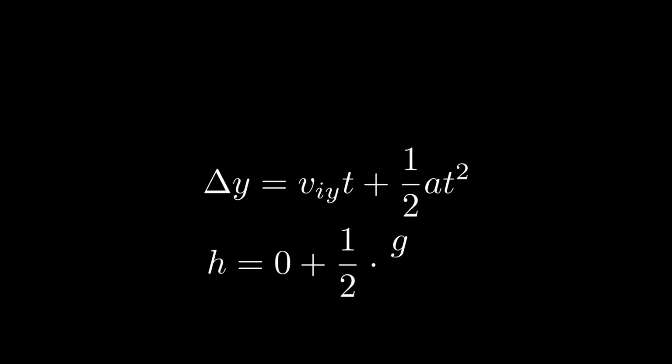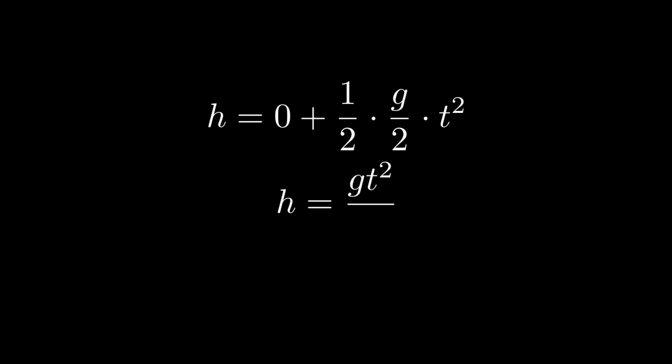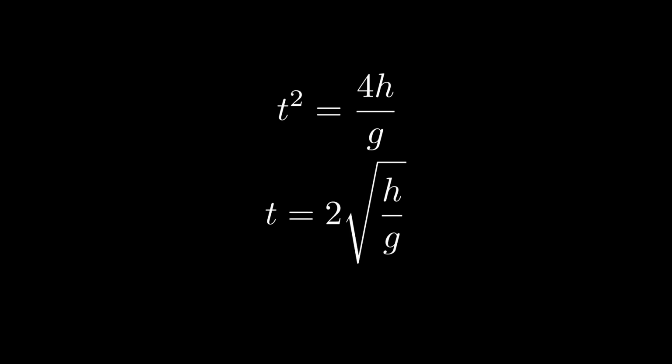So let's use the equation that the displacement equals initial velocity times time plus 1/2 at squared. We plug in h for displacement, 0 for initial velocity, and 1/2 times g over 2, which is the acceleration, times t squared. And then we can simplify this to get that t squared equals 4h over g, which means t equals 2 times the square root of h over g.